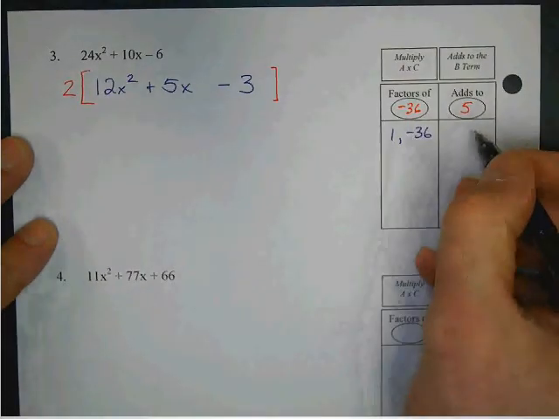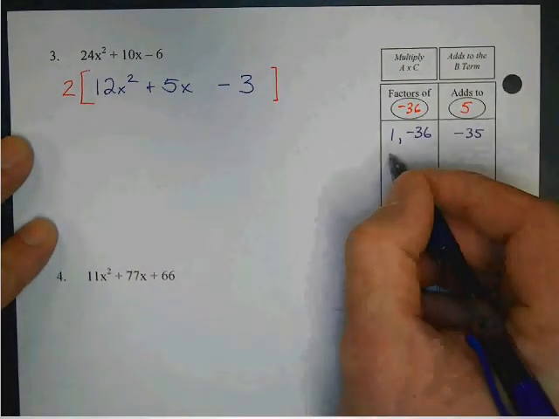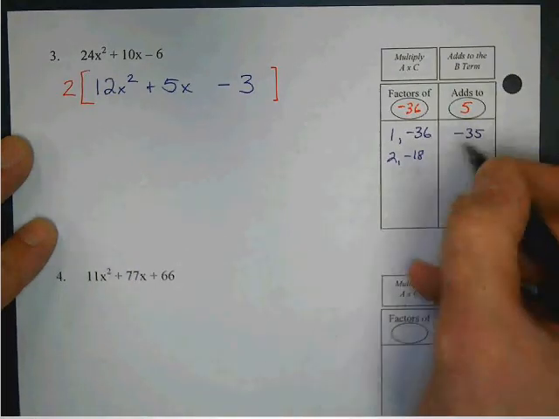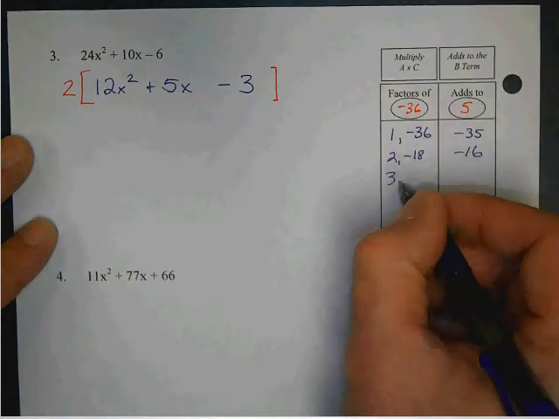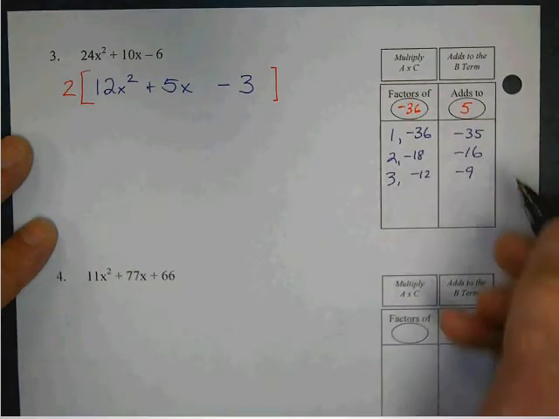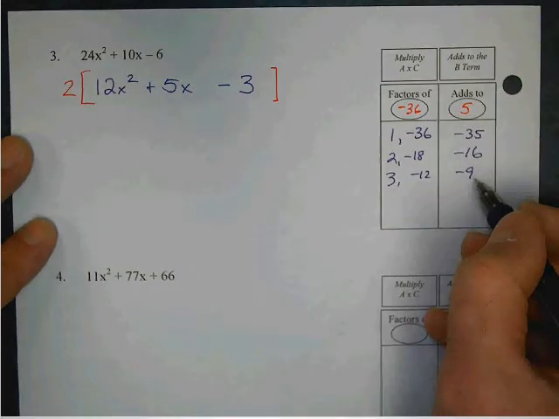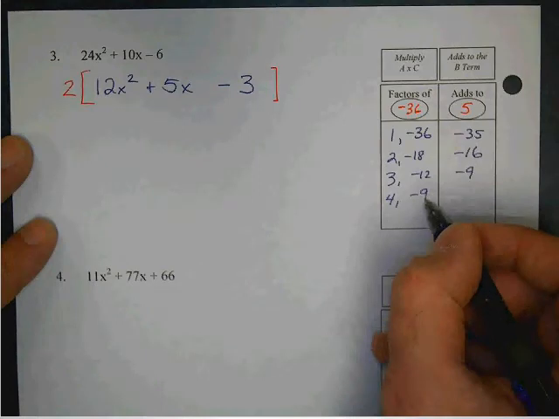Here we go. 1 and negative 36 is how much? Negative 35. Obviously not right. 2 and negative 18, negative 16. Not right. 3 and negative 12, that's negative 9. We're getting closer to 5, right?